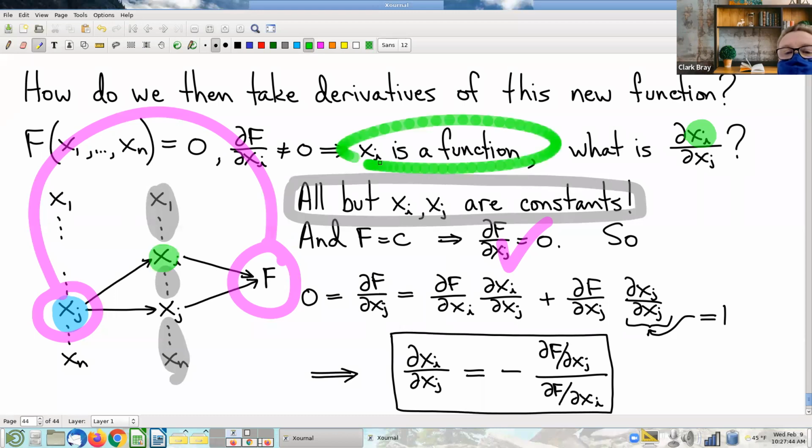When I say that xi is a function of the other variables, what I mean is, as I change the other variables a little bit, there will always be some xi that I can put in here that makes this equation work. So in other words, xi as a function, its job, the thing that makes it exist, is that it makes f not change. Right? So if f isn't changing, f is constant, right? Then its derivative is, of course, 0. Is that good?